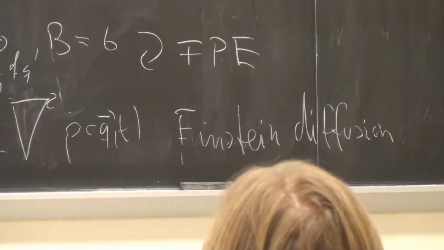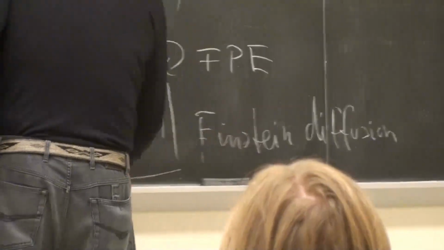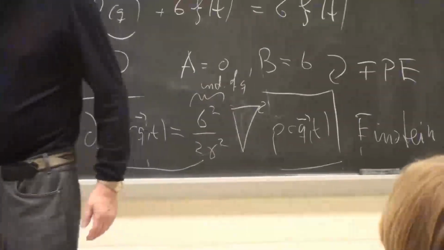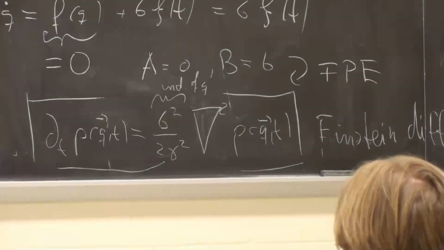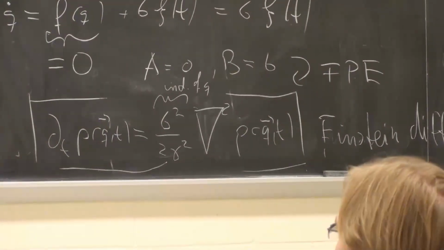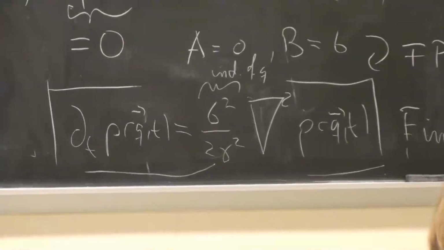So we have the Einstein diffusion equation. That is the Fokker-Planck equation. So you see that very, very famous equation is just popping up very quickly from this mathematics.